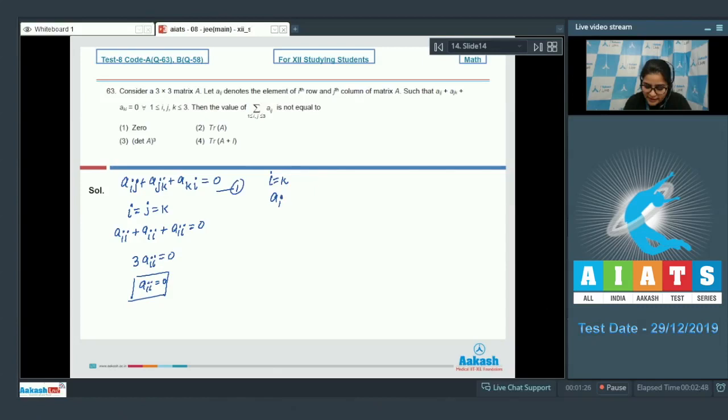So you are getting Aij plus Aji plus Aii that is equal to 0, where Aii is also 0. So you are getting Aij is equal to minus Aji. So in the matrix you are getting Aii is 0 and Aij is equal to minus Aji. So your given matrix A is a skew symmetric matrix.